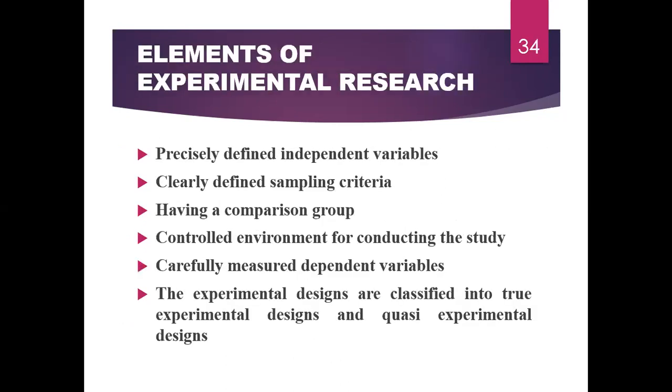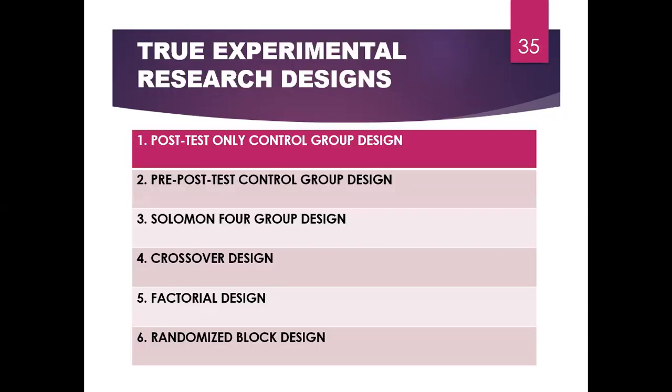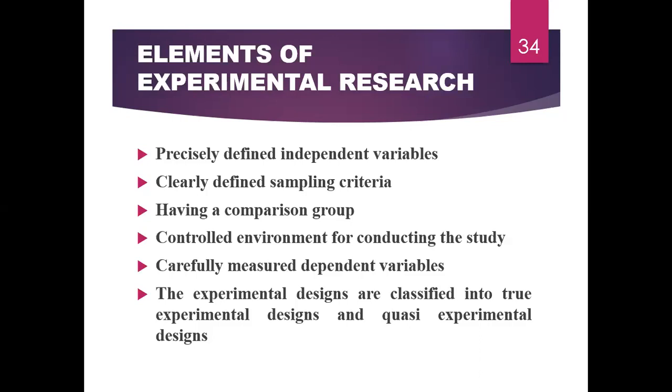Now let's see the elements. What are the elements of experimental research design? It has three main features: randomization, manipulation, and control, and also precisely defined independent variables.